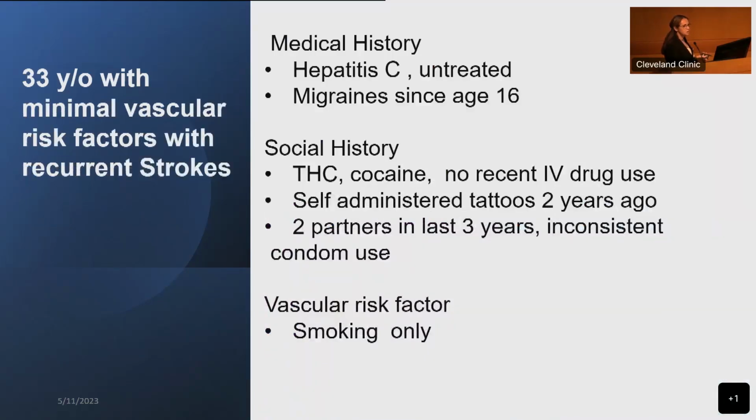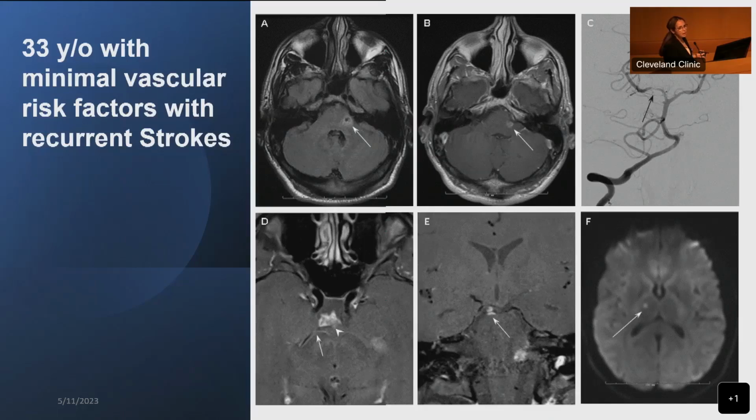This is another patient who presented with minimal vascular risk factors with recurrent stroke. He admitted to using cocaine, but not recent IV use, as well as marijuana. For vascular risk factors, he smokes. Multiple areas of infarction.